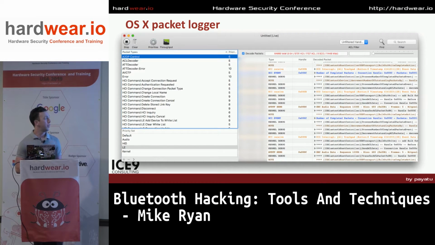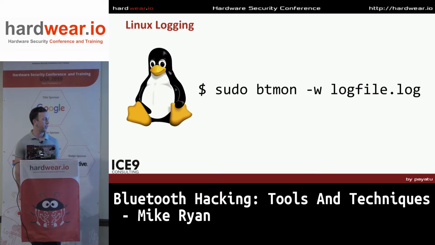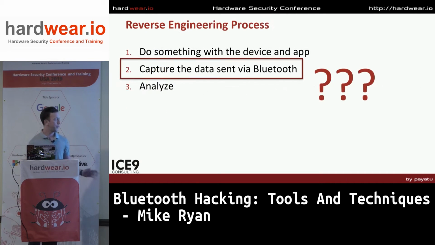If you run this software on your device, you can log all the Bluetooth data exactly as you can in Android. It has its own UI for doing some of that analysis. I prefer Wireshark, so you can just save the log into a Wireshark compatible format. And finally, for the Linux nerds, you guys should all be comfortable running command line commands to log this. This will output a log file in a format that Wireshark can handle.